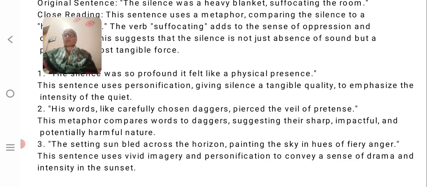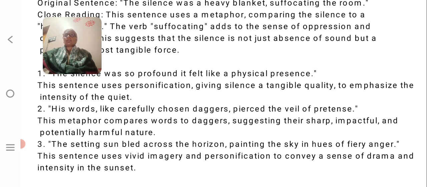The whole figures of speech convey a sense of drama and intensity in the sunset. Please go through these examples in detail, and then you can understand the way in which close reading helps you to explore the meanings.